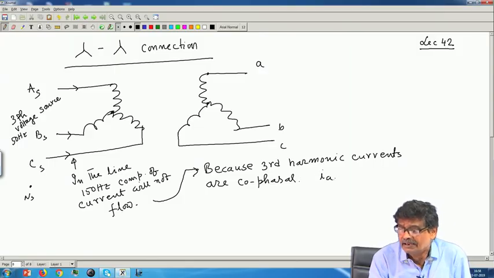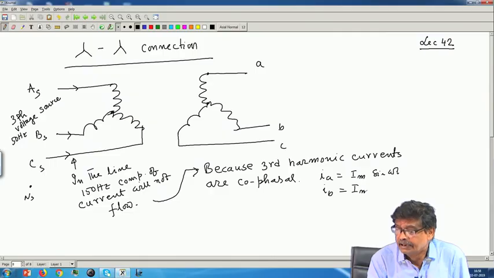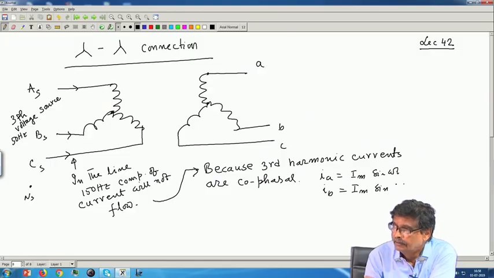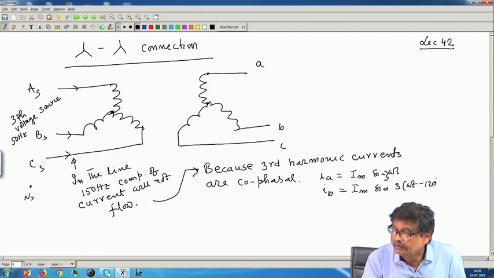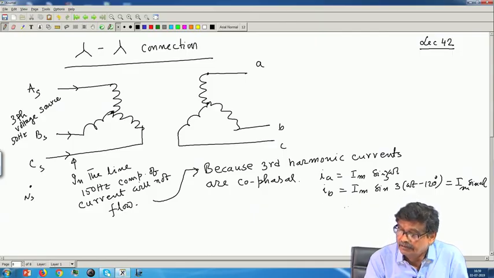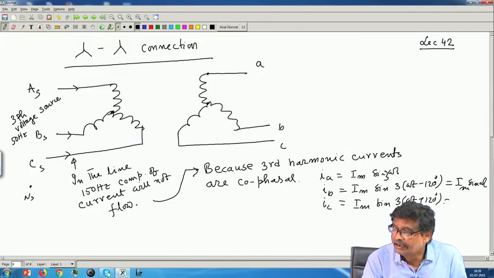Because if you say I A is equal to some I M magnetizing current sin omega t, I B will be very quickly I am writing I M sin... Oh sorry, I A is sin 3 omega t, suppose third harmonic current, then I B is I M sin 3 omega t minus 120, which is same as I M sin 3 omega t, cophasal, and I C is also I M sin 3 omega t plus 120 degree, same as I M sin 3 omega t.